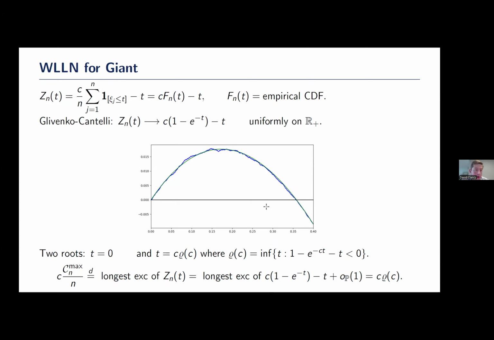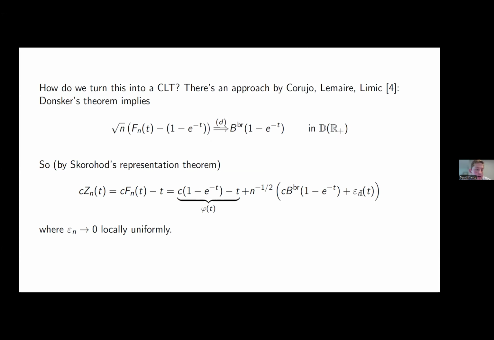So, doing some hand waving with the Skorokhod representation theorem and this uniform convergence above, or weak convergence in the Skorokhod space above, we can say that the process Z that we want to analyze is approximately the deterministic function that we saw from an application of Glivenko-Cantelli plus 1 over square root of n times a Gaussian process, plus some negligible error.